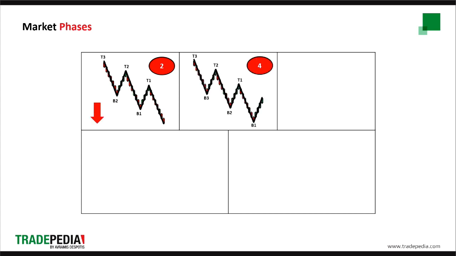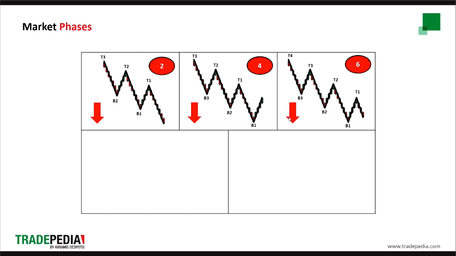And if we look at pattern number 4, it looks a bit different, but it is still a downtrend, isn't it? I have lower tops, I have lower bottoms, so I have a downtrend. And if I look at pattern number 6, what is the trend here? I also have lower tops, I also have lower bottoms, so I have a downtrend.